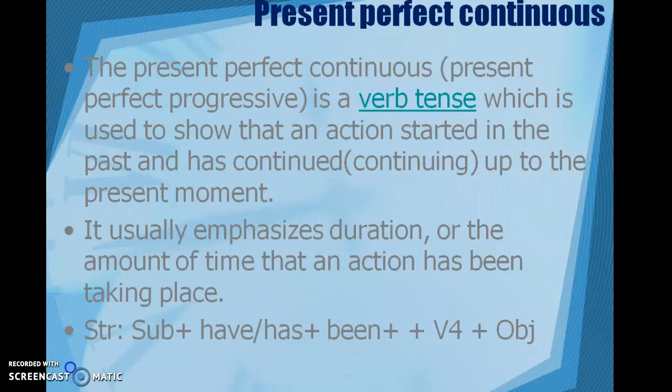It is used to show that an action started in the past and has continued or is continuing up to the present moment. It usually emphasizes duration or the amount of time that an action has been taking place. The structure is subject plus have or has plus been plus V4, or else verb plus ing form, plus object.